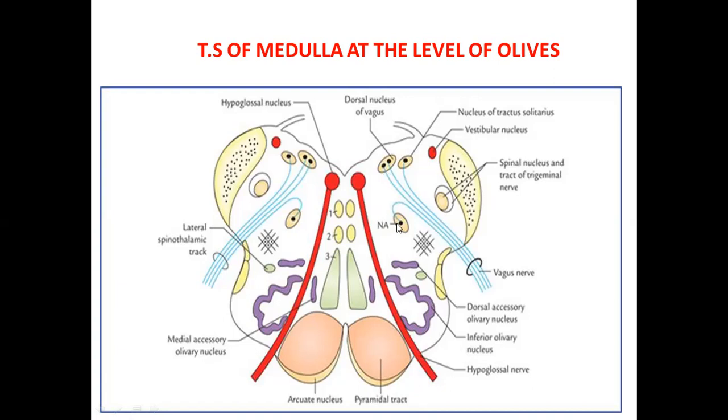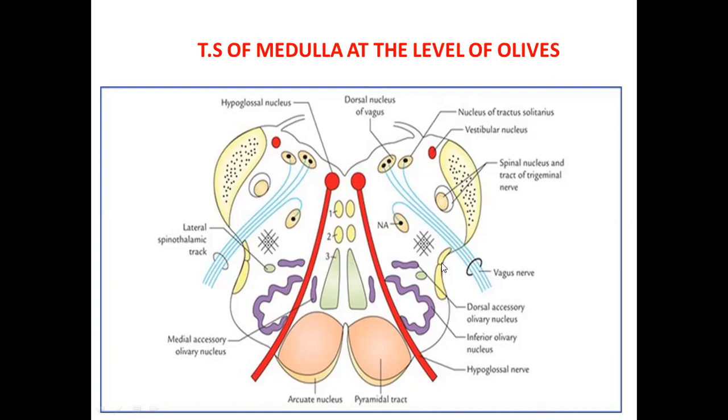Then the nucleus ambiguus. It lies within the reticular formation and it gives origin to the motor fibers of the 9th, 10th and 11th cranial nerves. In the paramedian region, from dorsal to ventral, first we have the medial longitudinal fasciculus, tectospinal tract, and medial lemniscus.